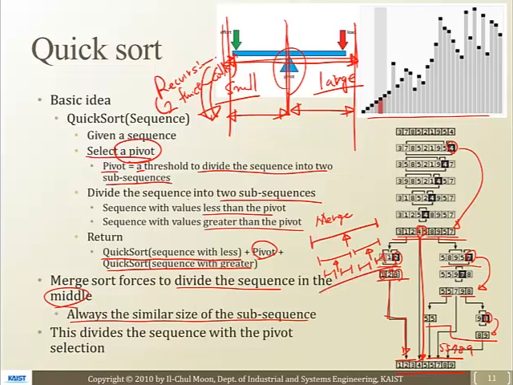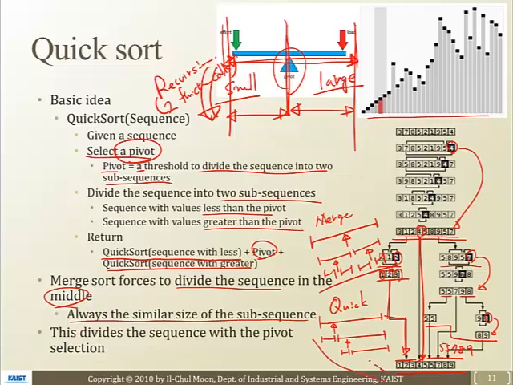Like this. However, in terms of quicksort, if we have this range, it's based upon the pivot selection. What if the pivot is being selected in a very bad way? In that case, if we write this, it will have these subsequences, and if we write this, it will have these subsequences.